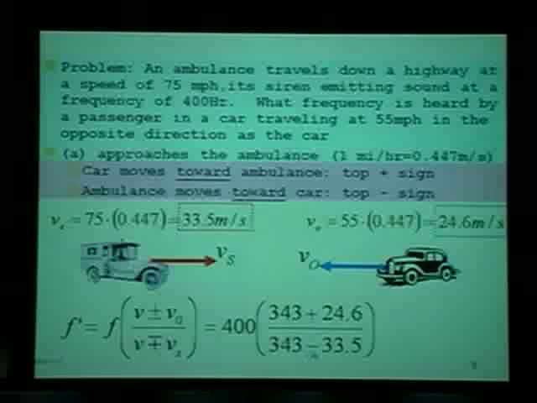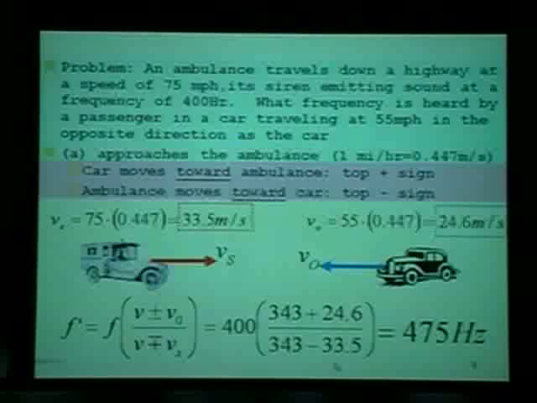The source is moving toward, so we use the top minus sign, 33.5 meters per second for the source. Both of these are effectively helping to increase the frequency. And we get a frequency of 475 hertz. So that's what the observer would hear.